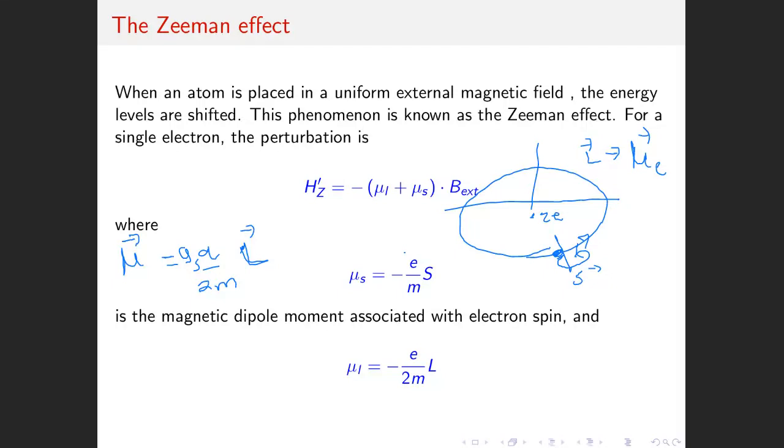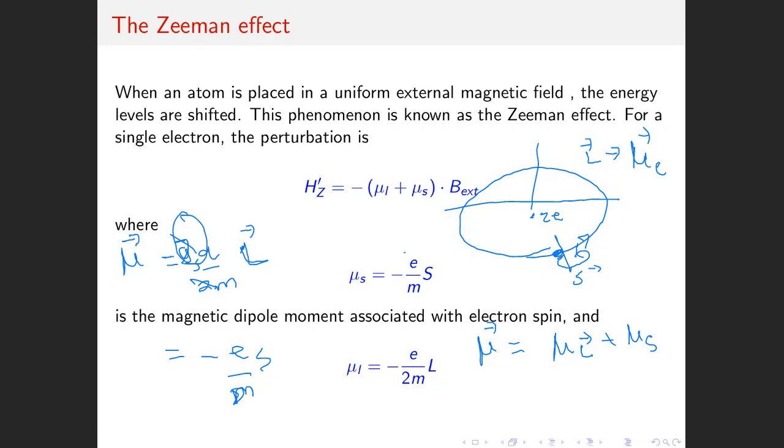So the 2 cancels that 2, and you end up with minus e over m s. So the total magnetic moment will be due to the orbital angular momentum, plus the one due to the spinning electron. But they differ by this g factor.